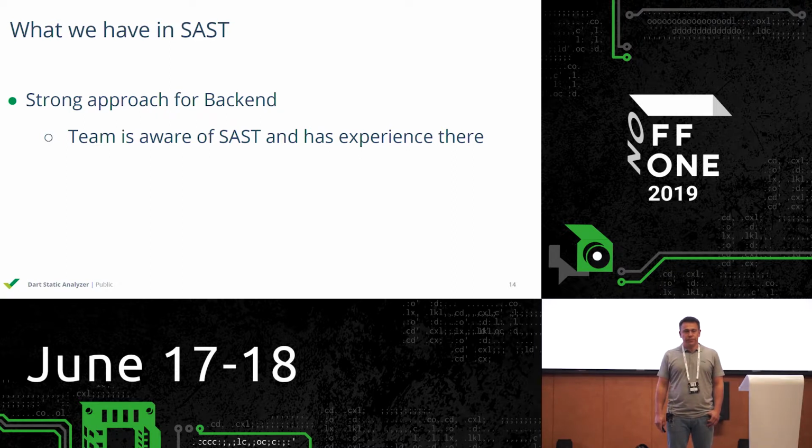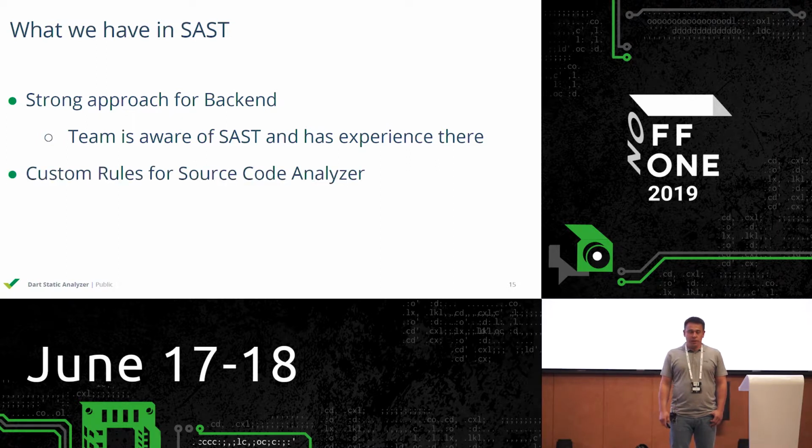We have been developing that for our back-end part. And moreover, all the static analysis is based on custom rules. That is, we're always writing custom rules for our analyzer.